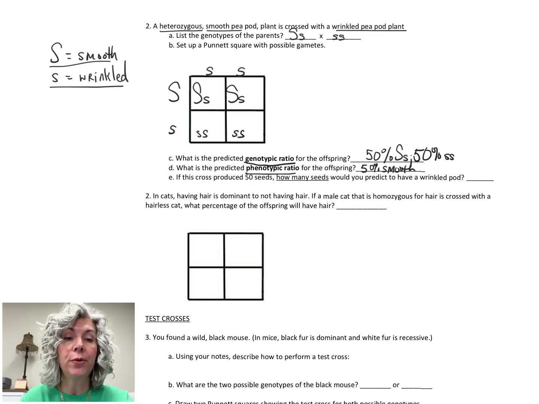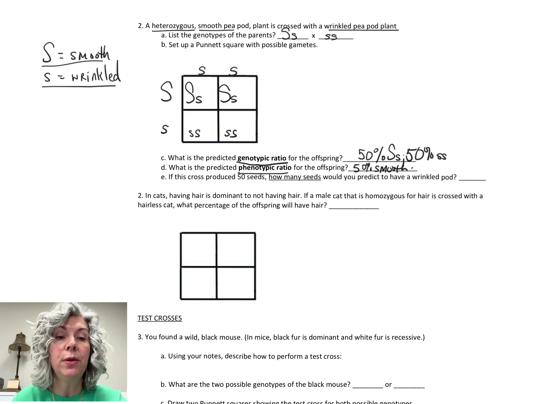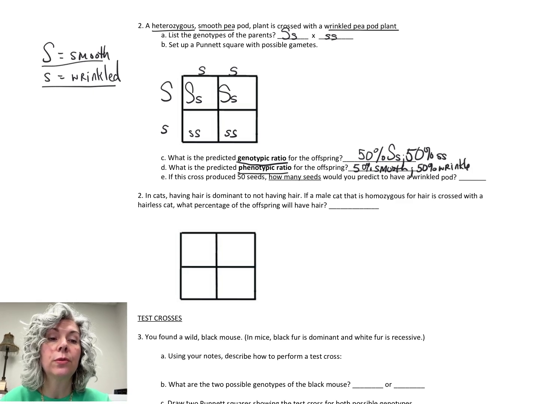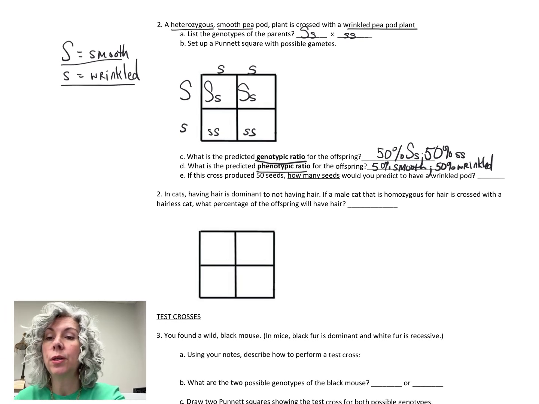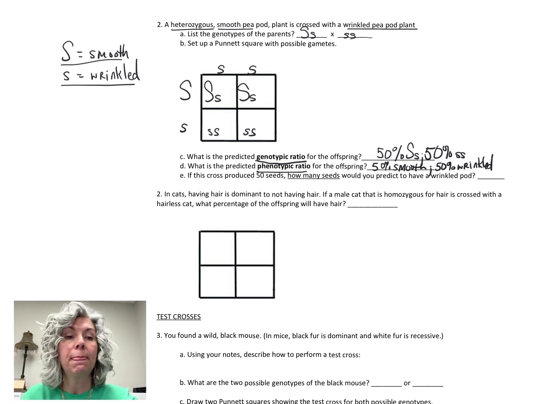I'm kind of writing vertical up here. 50% smooth, and then 50% wrinkled. 50% smooth, 50% wrinkled. Okay. There we are.